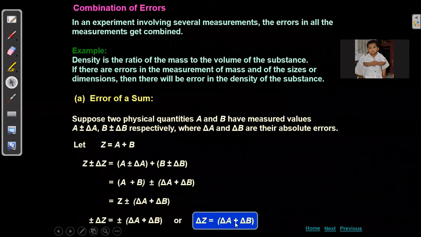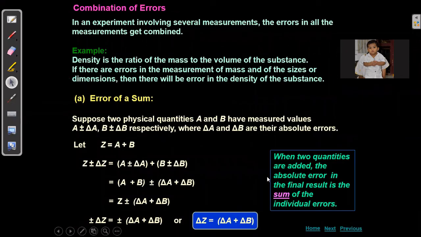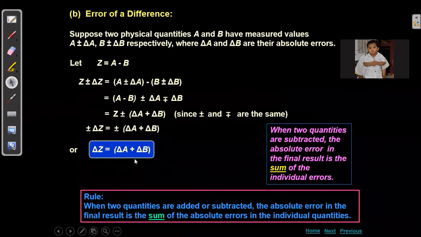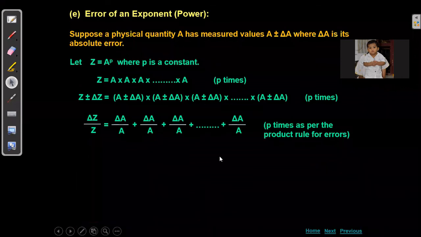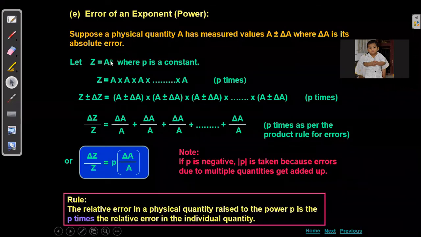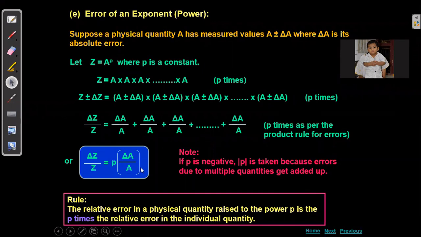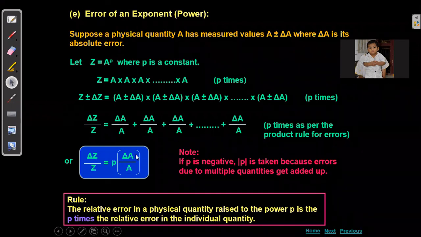Directly we got delta A plus delta B. In errors of difference also we got delta A plus delta B only, because when we are adding up errors, we are not having any negative things. In the same way here also, if P value is negative, then also we will take the modulus of P only. If minus 2 is there, we will take 2 only. So we won't take negative when we are considering errors. If x power minus 2 is there, it means 2 into delta x by x only we will be writing.